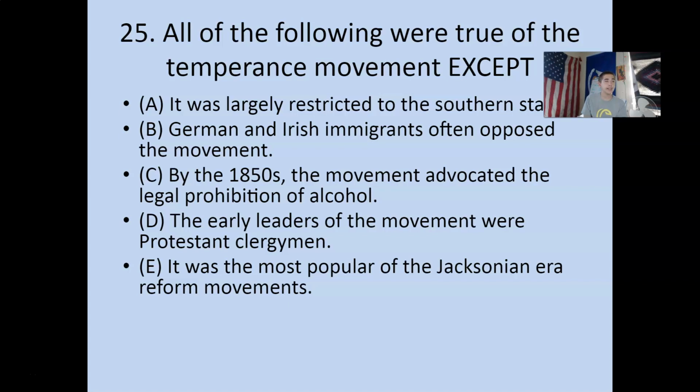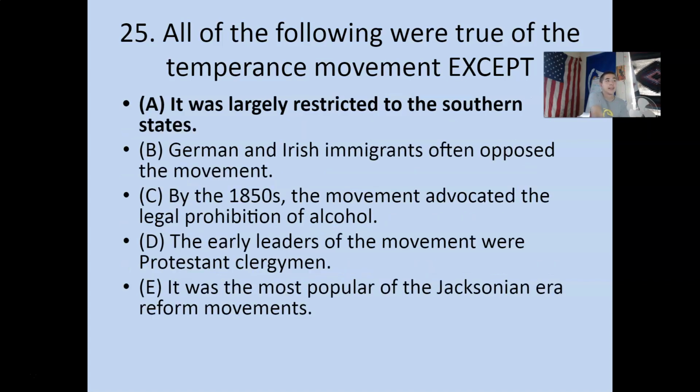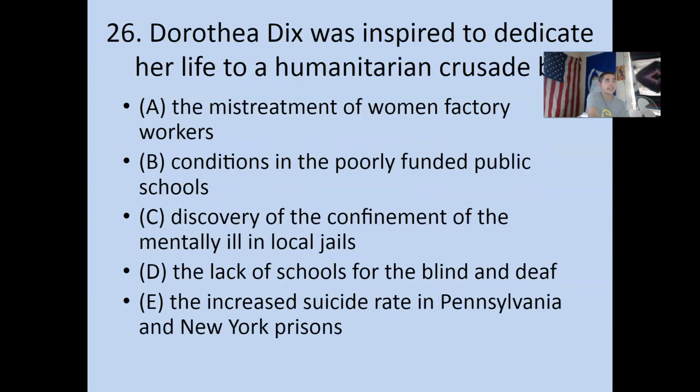D. The early leaders of the movement were Protestant clergymen. Or E. It was the most popular of the Jacksonian era reform movements. The correct answer is A. It was largely restricted to the southern states.